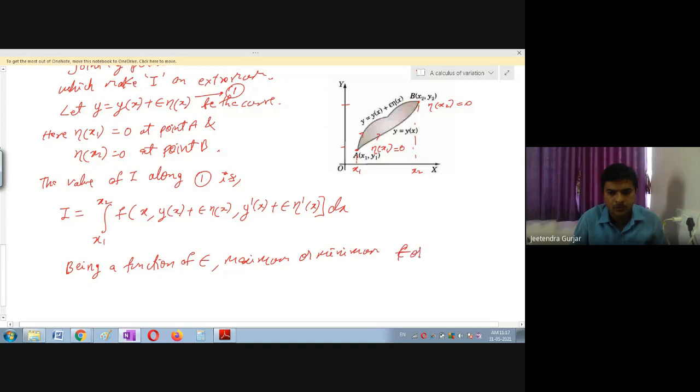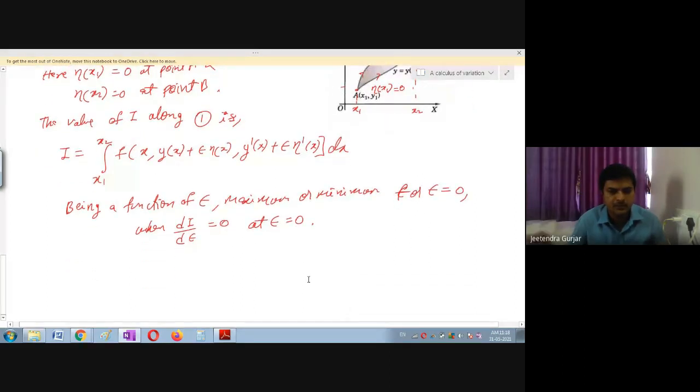So for epsilon is equal to 0, students, please remember that when you differentiate this with respect to epsilon, automatically this term will become 0 at epsilon is equal to 0. So this condition we are using to get the Euler's equation. Please remember we want to get the Euler's equation.